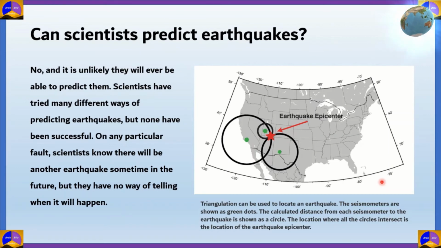Using these circles we find the intersection point of all three circles for the three seismograms, and that point is what we call the earthquake epicenter. So this is how we use triangulation. The seismometers are shown here as green dots. The calculated distance from each seismometer to the earthquake is shown as a circle. The location where all the circles intersect is the location of the earthquake epicenter.